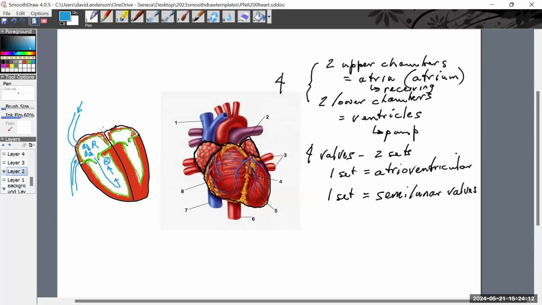And that valve is going to leave the heart through a trunk that goes to the right and to the left lungs. So if we followed our blood pathway, we're going to leave the right side of the heart and go towards the lungs.